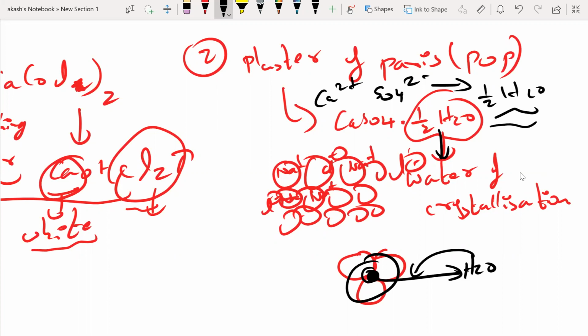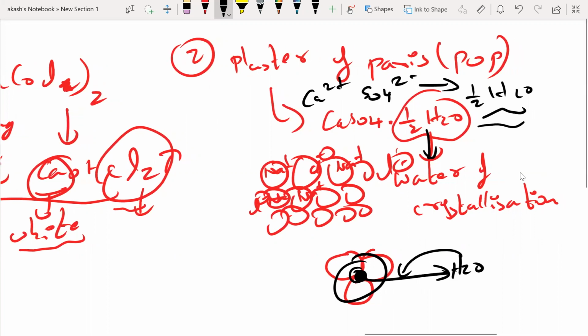That is what is called water of crystallization. When a crystal is formed there will be some space, and the water molecule present in that space is called water of crystallization. Very simple words, very simple to understand.